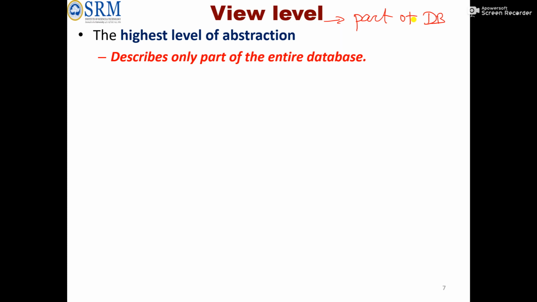So end users have different views, different levels. A system is supposed to facilitate different levels of abstraction to the various users. Because of this nature, they are accessing only part of the database.